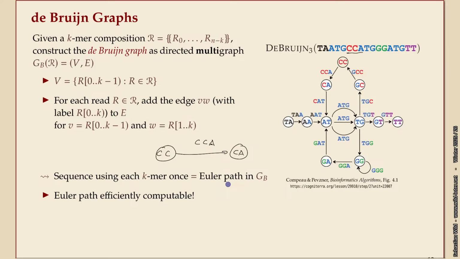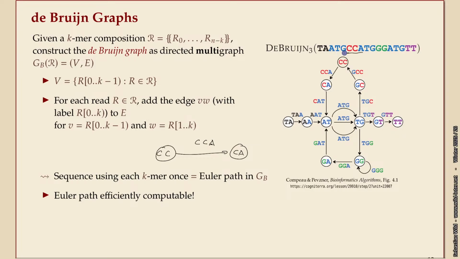All right, here's an example again. Let me highlight one or two things. As before, in this case, where the start and end k-mers are unique, they don't occur anywhere else, you have vertices that are uniquely the start and end point of any Euler path.